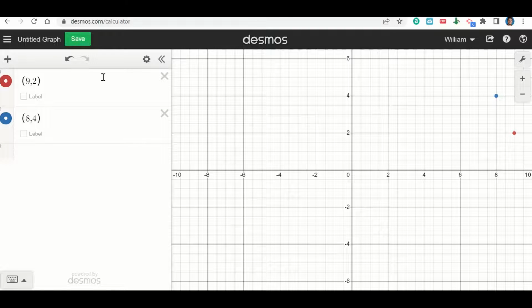So I can plot as many points as I need to by using this format of parentheses and then the x coordinate, y coordinate, and then closing the parentheses. And I can graph any points that I want. So negative 2, negative 5 puts the point right there. So I can graph as many of these points as I need to, and Desmos will do it for me. So that's how you can let Desmos check your work for you.